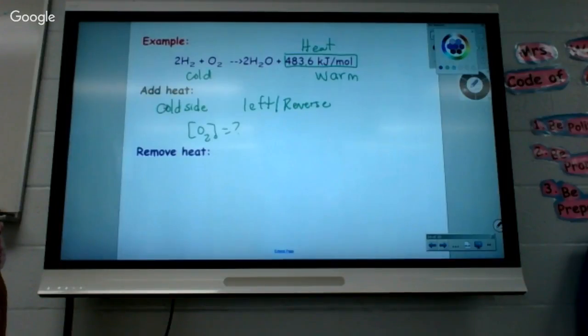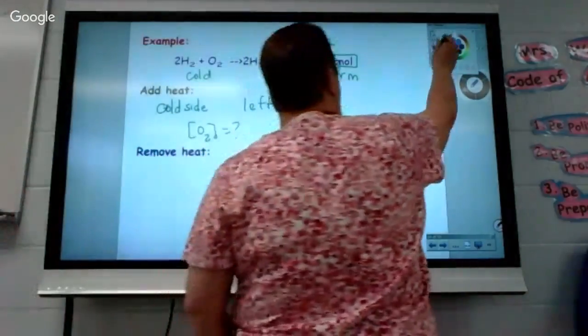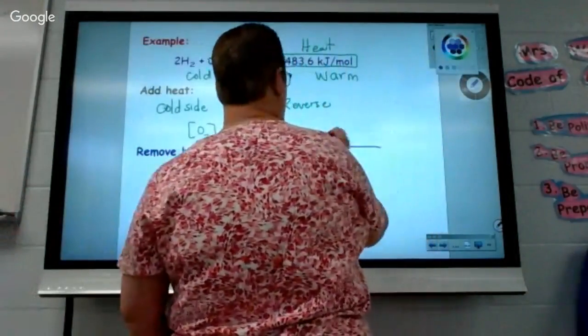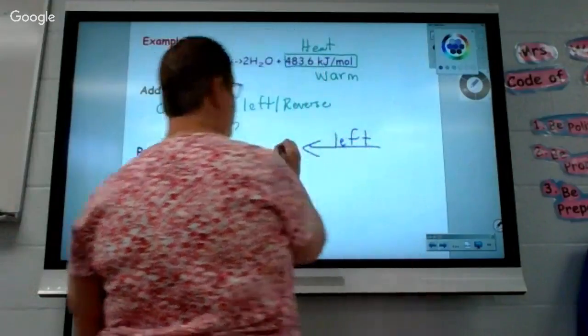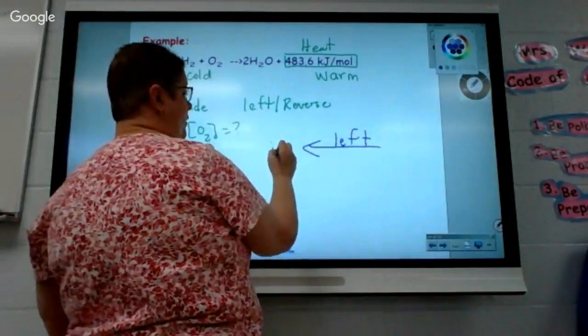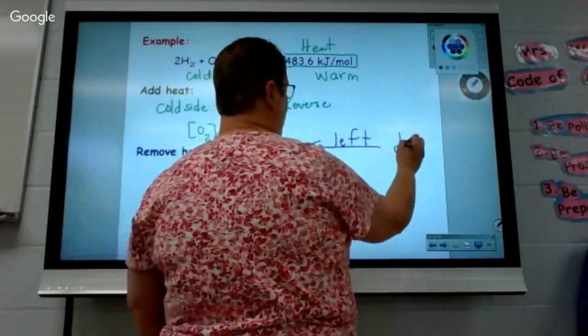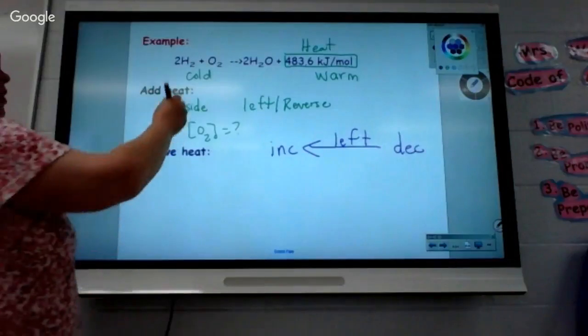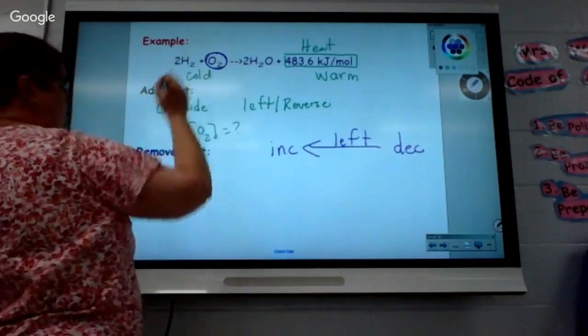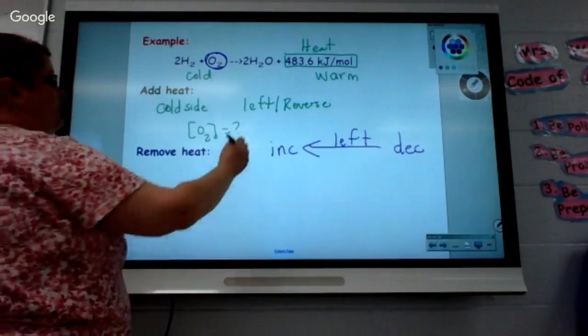So if we look at O2 in the reaction, we got two different answers. All right, I'm just going to redraw it rather than draw it over there. If we say left, what happens on this side? I got two different answers a minute ago, right? Look at where O2 sits in the reaction. Oh, yeah, my bad.